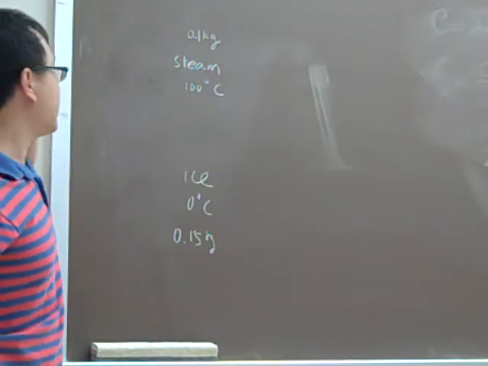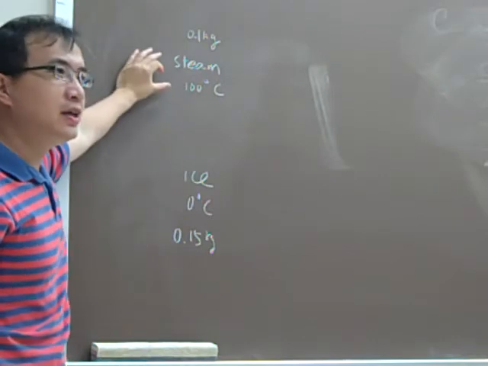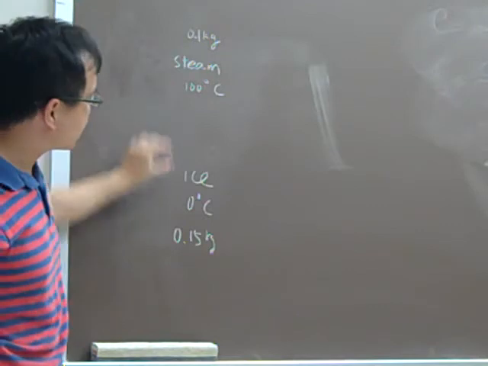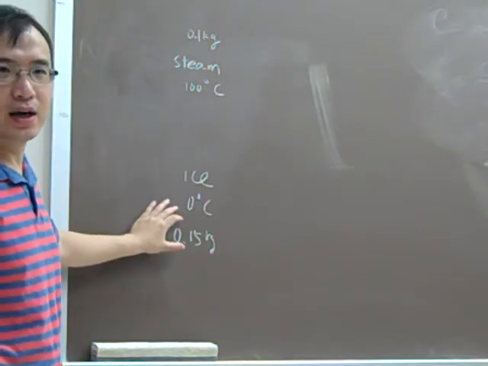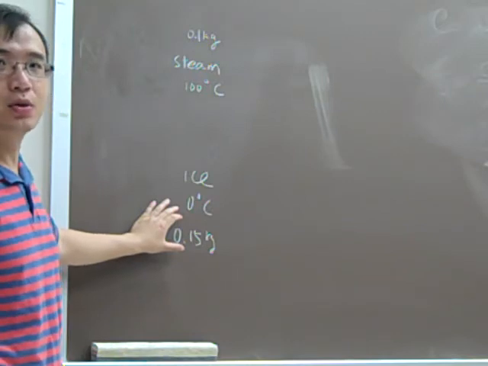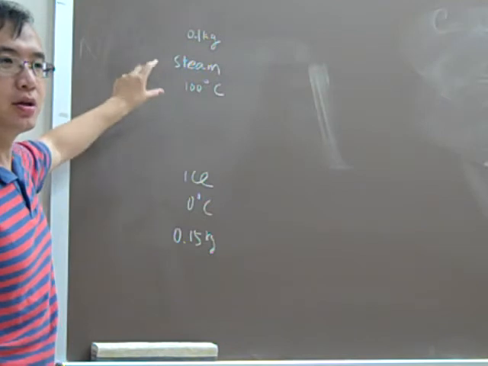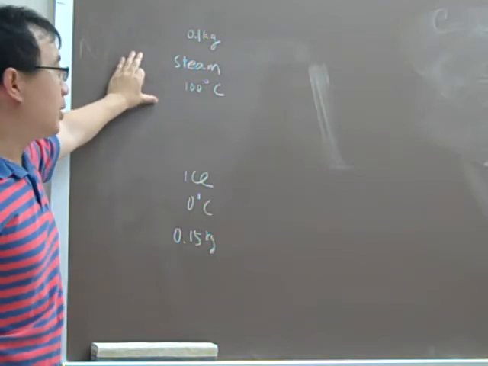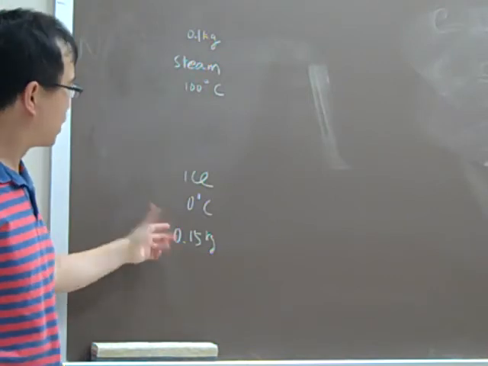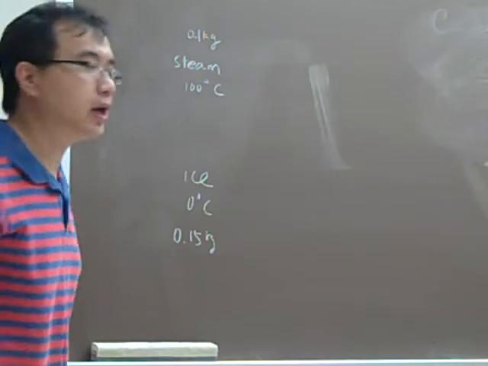Another possibility is that you have only a little bit of steam, so you can only melt part of the ice. So finally you are going to get some ice-water mixture. So it really depends on how much heat you can acquire from the steam compared with the heat needed to melt the ice.